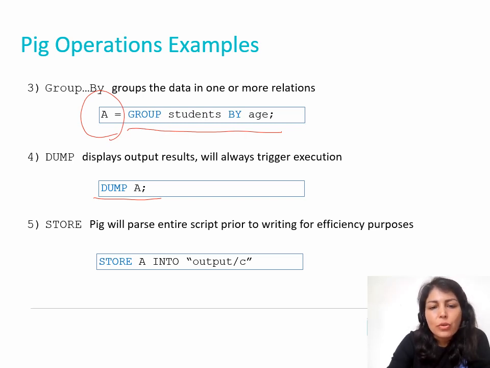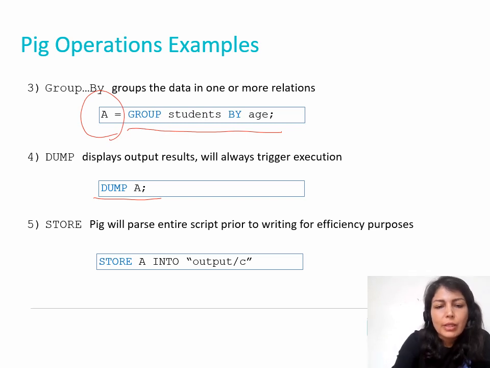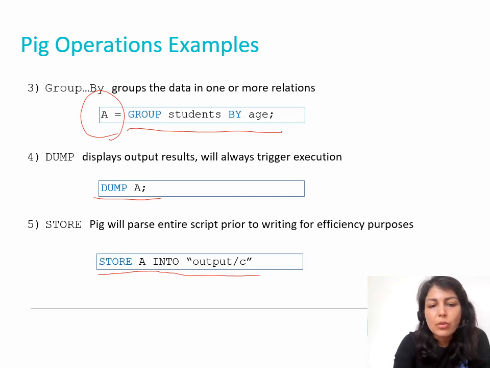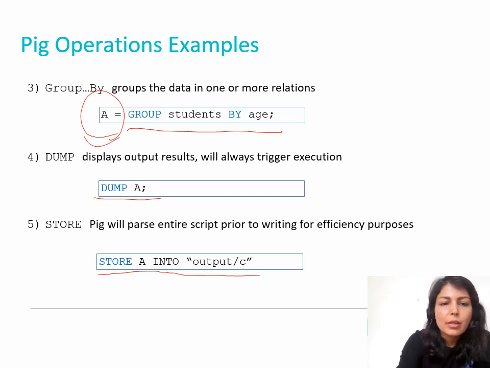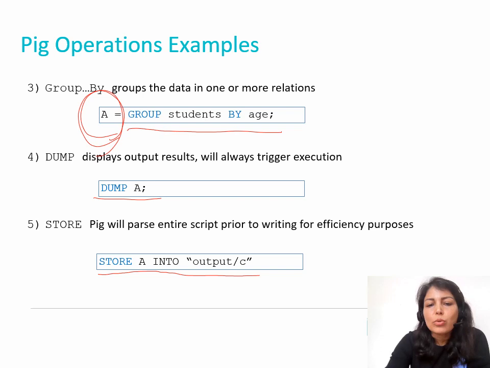And STORE, of course, writes the result into a file. You can see here, for example, if you want to write our result in A into an output file, you can write STORE A into the output file, which is called output.